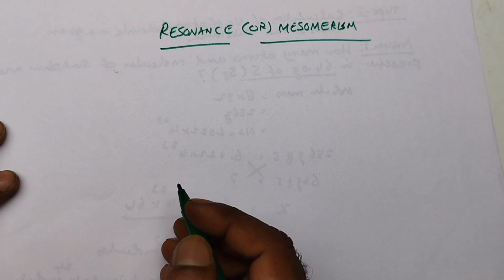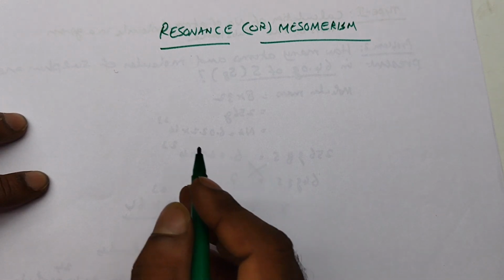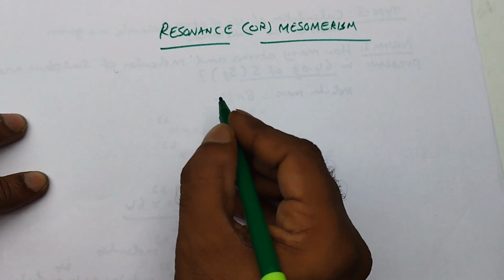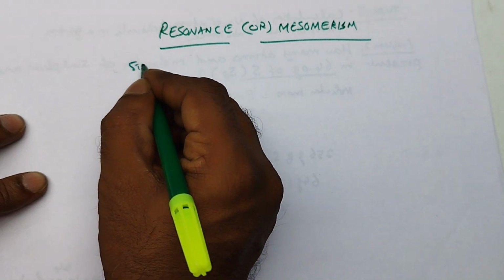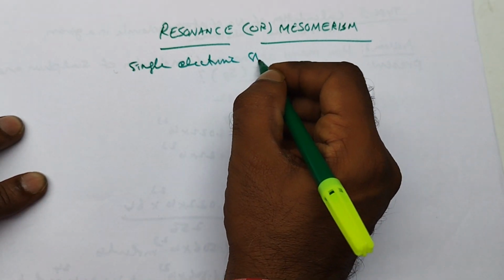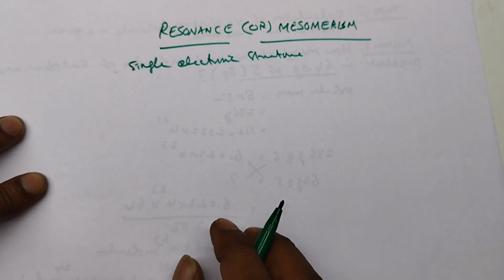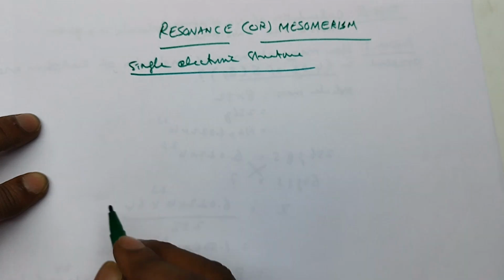What is a resonance effect? Suppose it is not possible to assign a single electronic structure to a molecule which can satisfactorily explain all its properties.